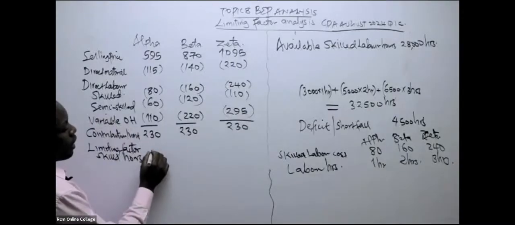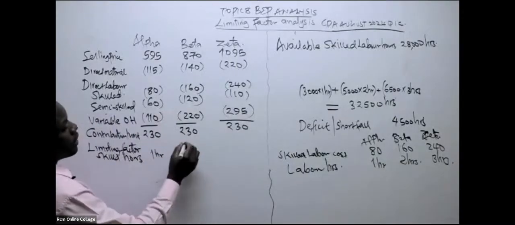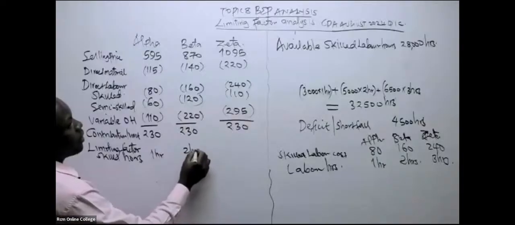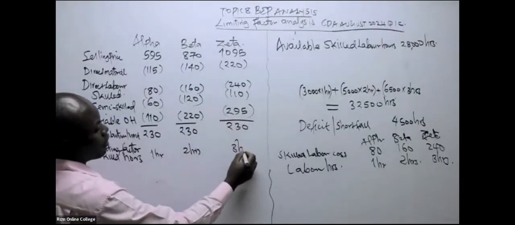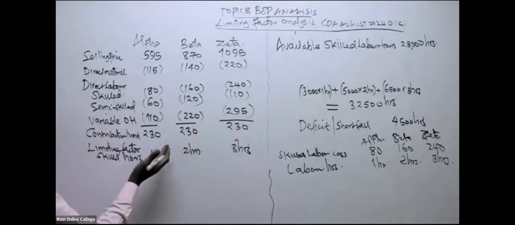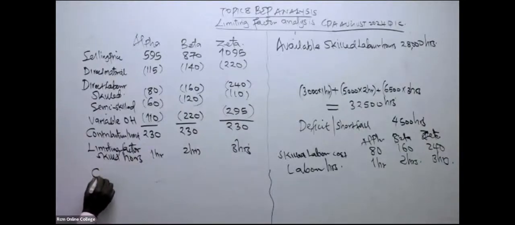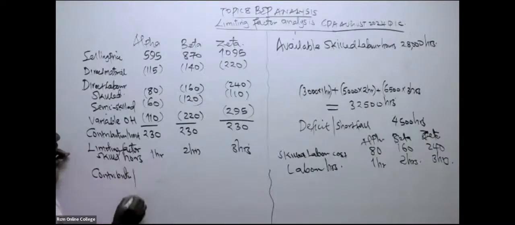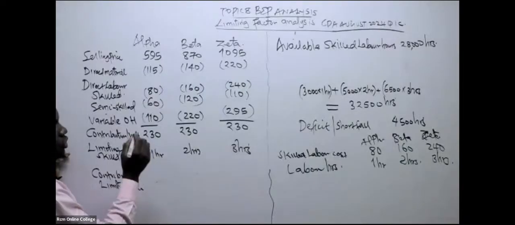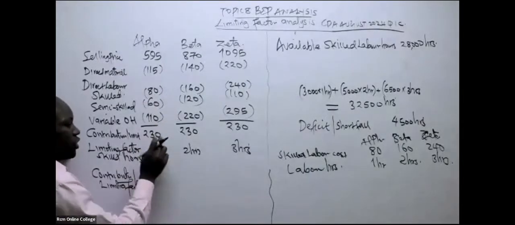Alpha requires 1 hour, beta requires 2 hours, zeta requires 3 hours. So please use this to give us the contribution per limiting factor. You take contribution divided by this.